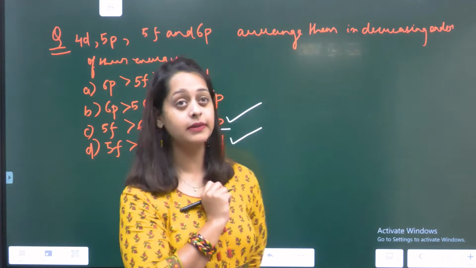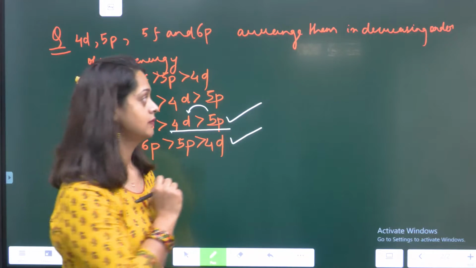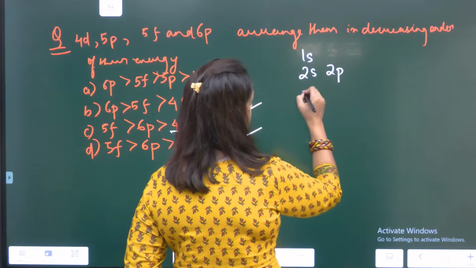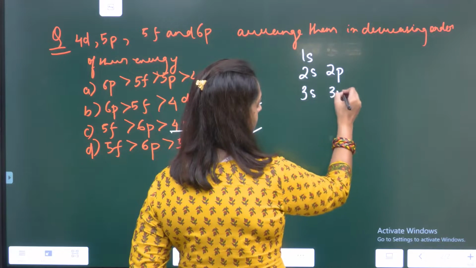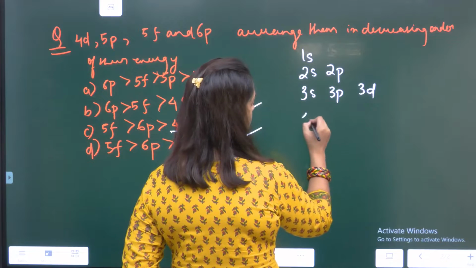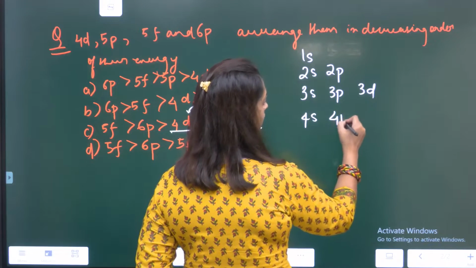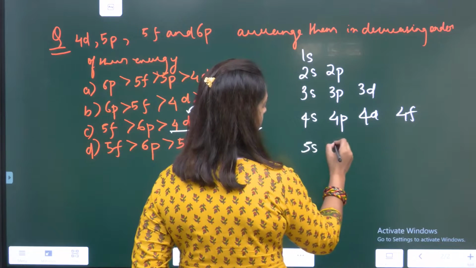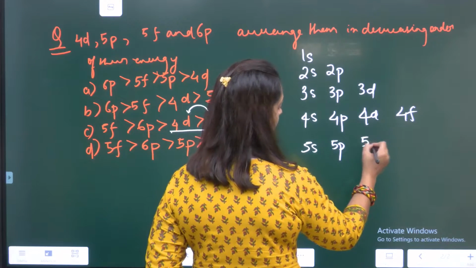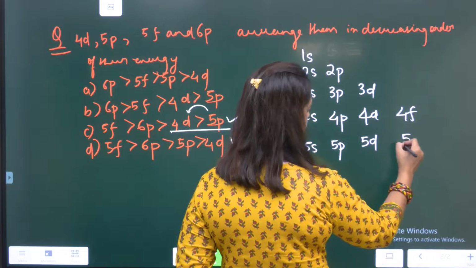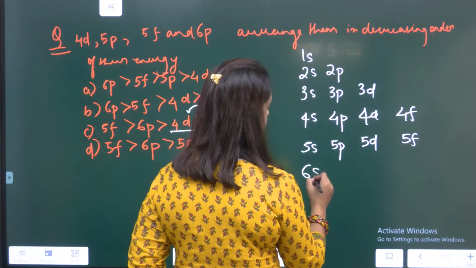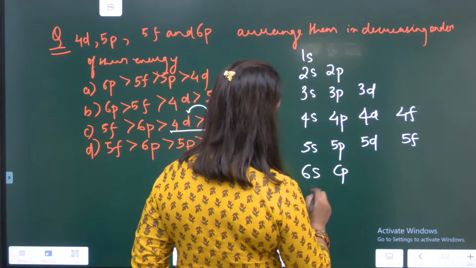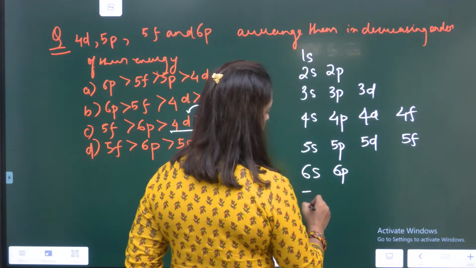What is the Aufbau principle? 1s, 2s, 2p, 3s, 3p, 3d, 4s, 4p, 4d, 4f, 5s, 5p, 5d, and 5f, 6s, 6p, 7s.